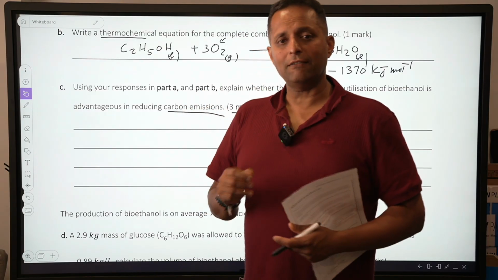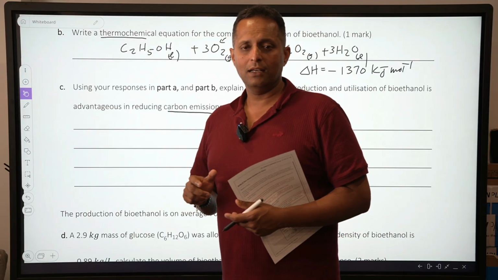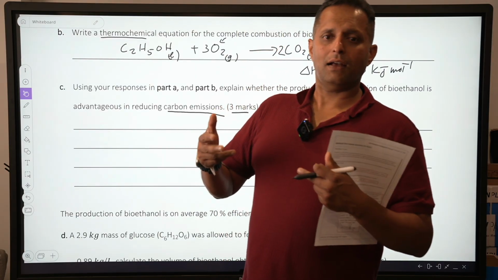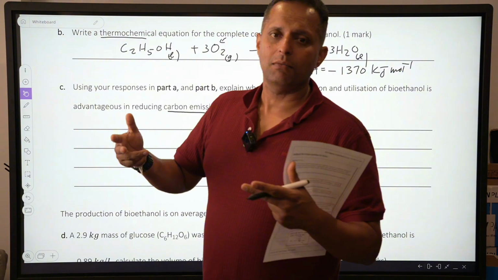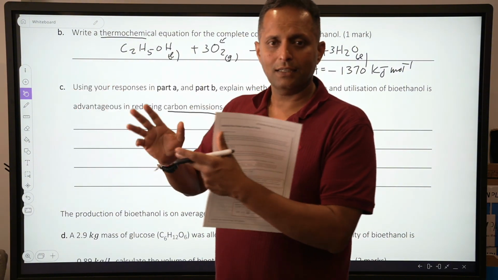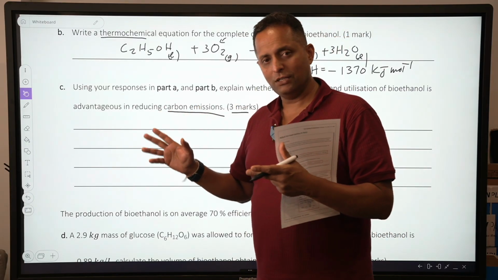At the same time, you have to say, however, during transportation and farming, there can be an extra amount of carbon dioxide released to the environment, so that it is not 100% carbon neutral.